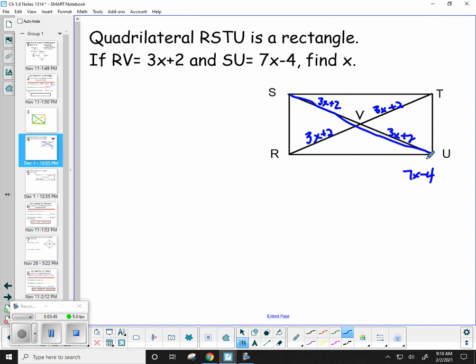So to get all of SU, we'd have 6x plus 4 to equal 7x minus 4. Really that was 2 of the 3x plus 2's. That's how I got that. Now I can subtract 6x from both sides. I get x, add 4 to both sides, and we get 8. So in this case, x is equal to 8.